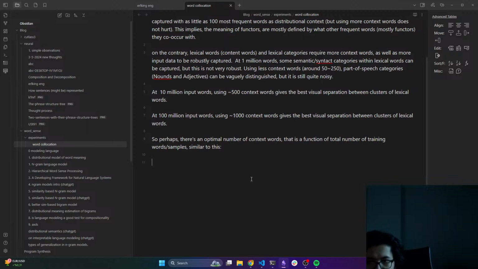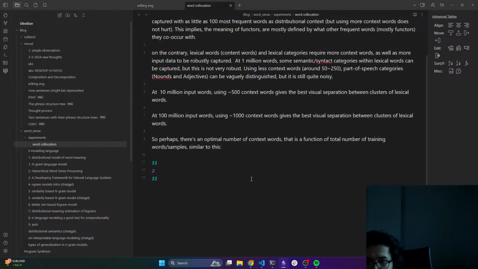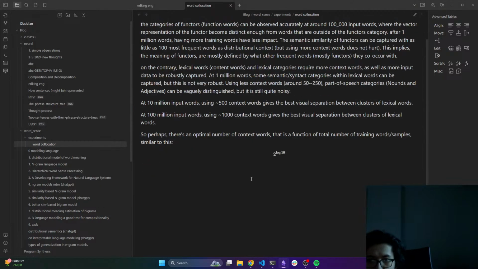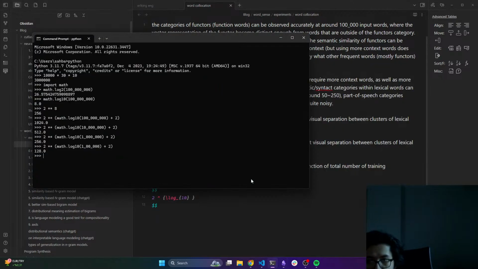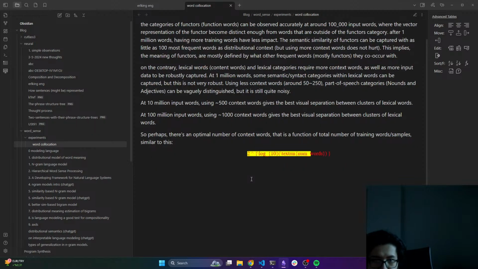Similar to this, 2 to the power of log base 10 of the number of words.